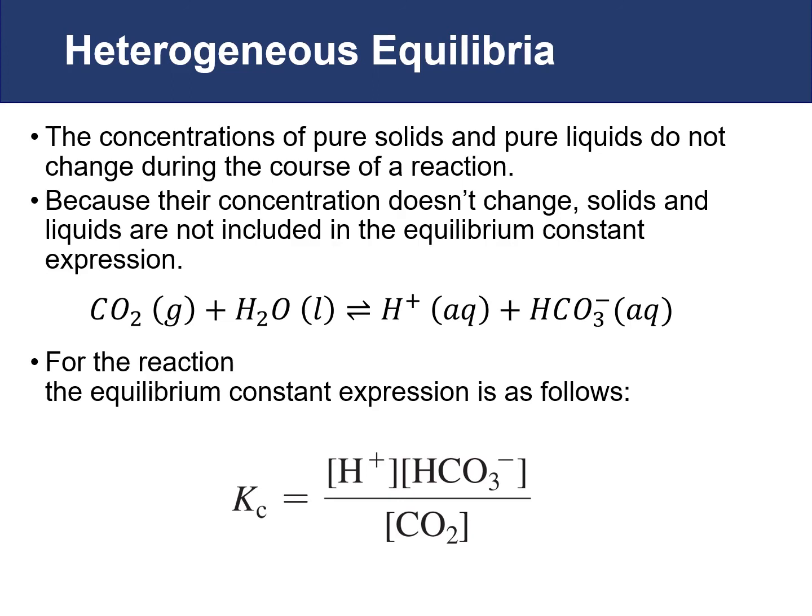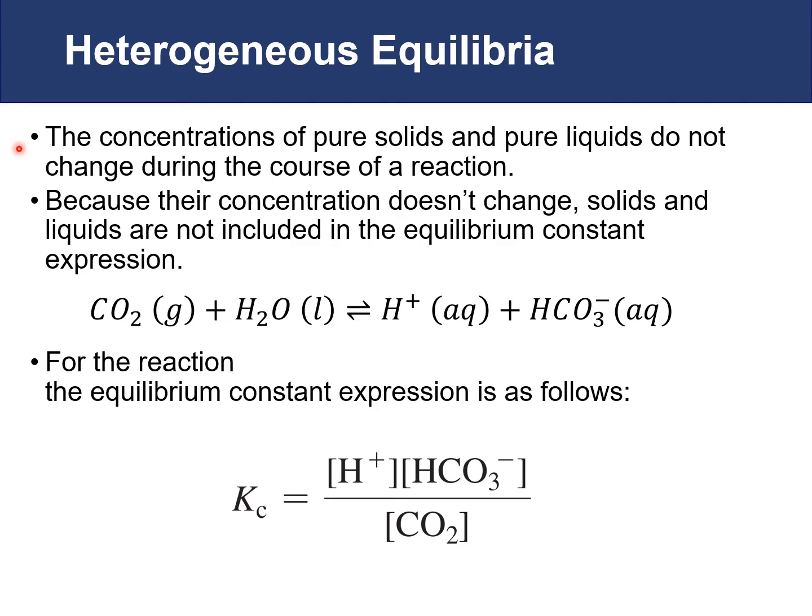What this means is that the concentrations of pure solids and pure liquids are not going to be included, and that's because the concentration of a pure solid or a pure liquid does not change during the course of a reaction. If we were to use up half of our solid, the number of moles would decrease in half, but so would the volume, and so the ratio stays the same.